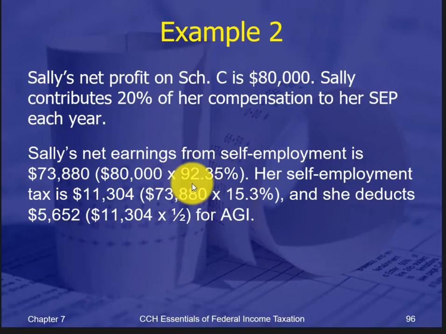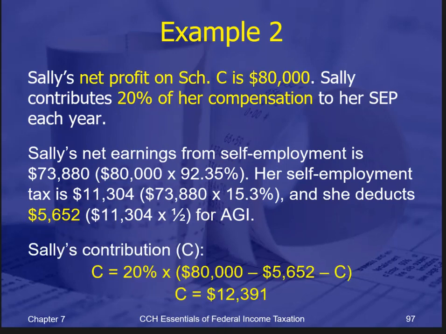Start with your 80,000, multiply by 92.35%. Okay, figure out your self-employment tax, take half of it. All right, your 80,000 minus the half, minus C, use the percentage you use for everybody else, 20%. Do your algebra, rearrange the terms, and get 12,391.